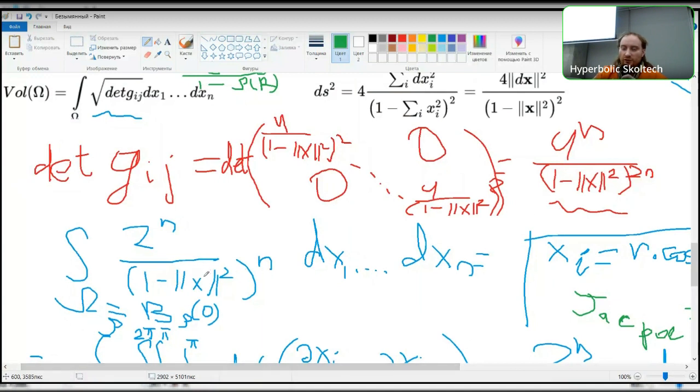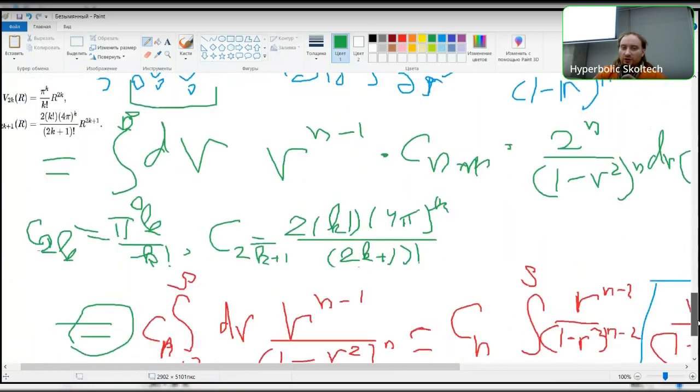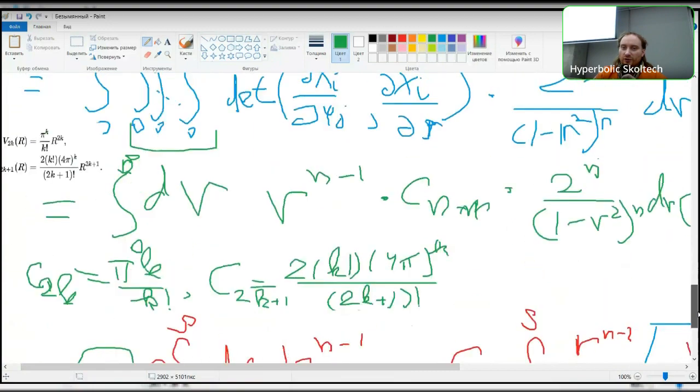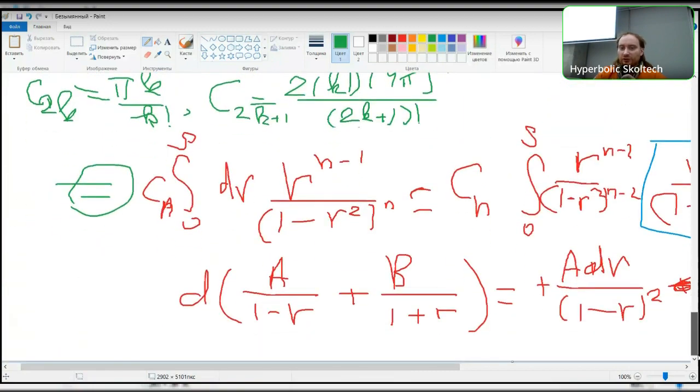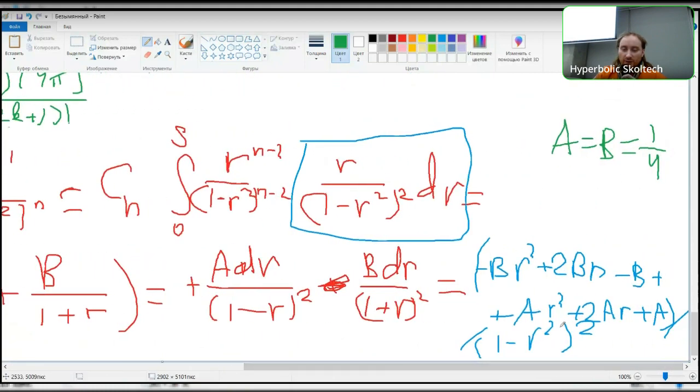Then we took the square root, and the idea was that I am integrating over a ball, and the Jacobian over a ball is the same as in Euclidean. So now we have to integrate this thing.